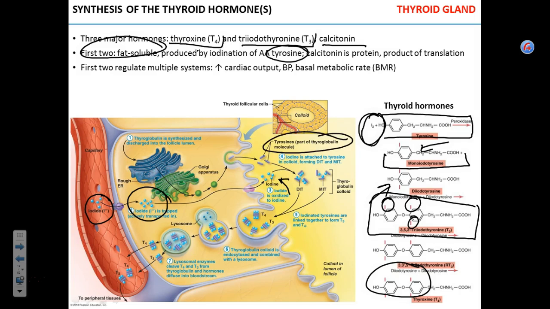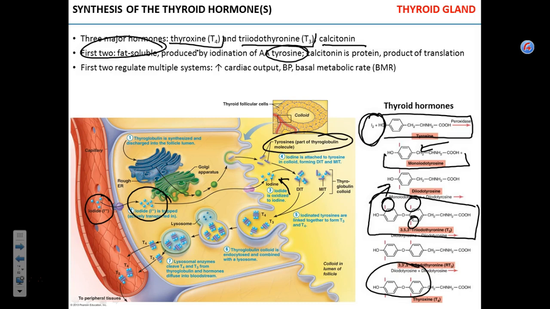So think about this: I'm thyroglobulin, this is tyrosine, my arm, and now it has 3 iodines. Essentially my arm with those 3 iodines is a thyroid hormone ready to go. The only problem, it is still attached to the protein. Does that make sense?